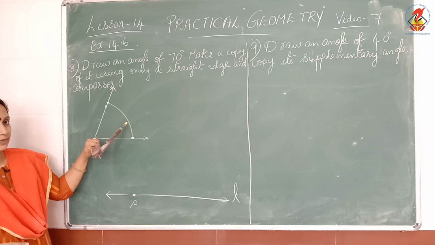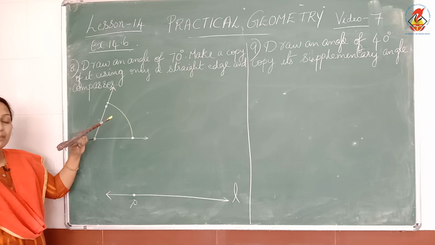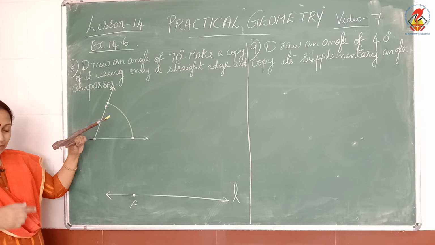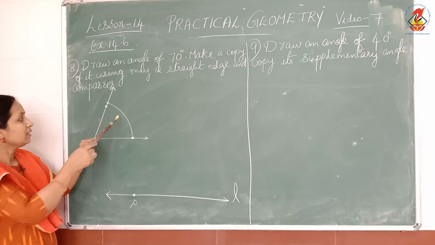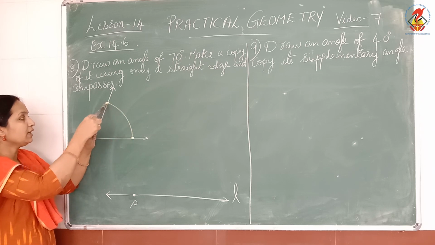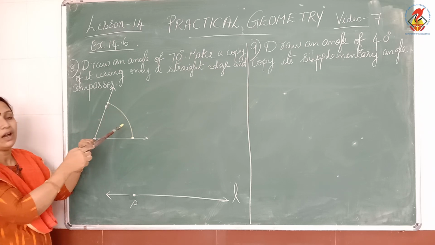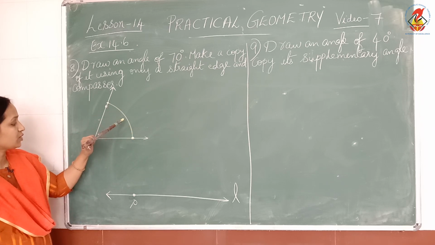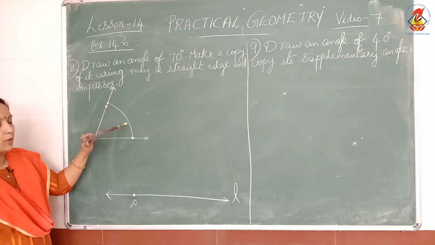For that, what do you have to do first? Place the pointer of the compass here, and with any convenient measure draw one arc which intersects these two rays at 2 points.